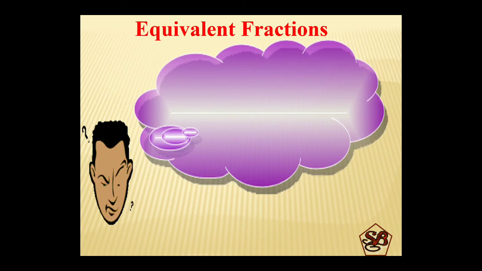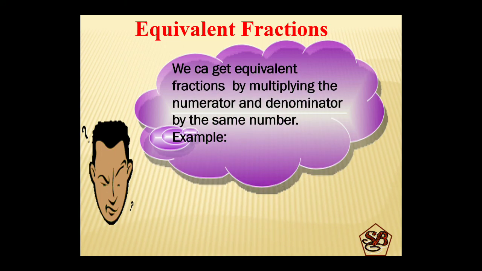Equivalent fractions. Equivalent fractions are those fractions which may appear different but they are equal. To get an equivalent fraction of any given fraction, we can multiply the numerator and the denominator by the same number.